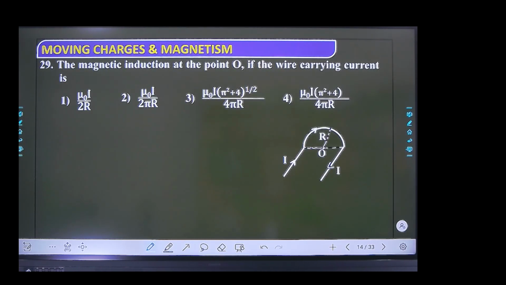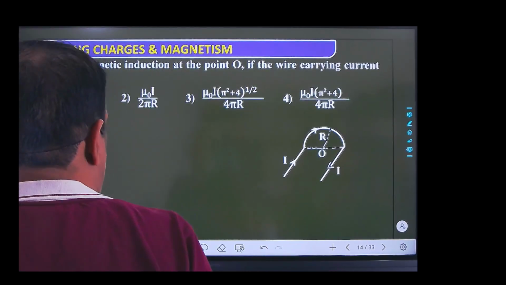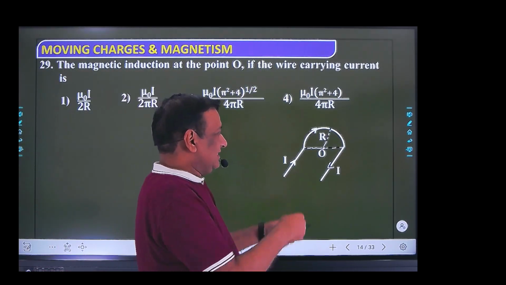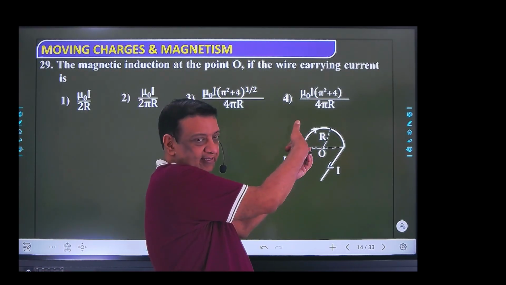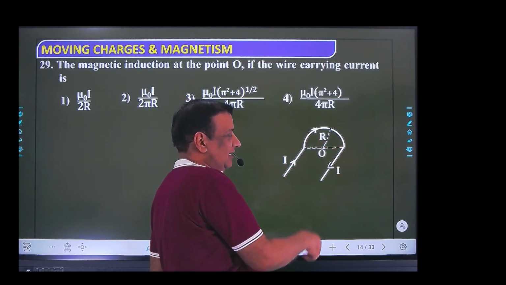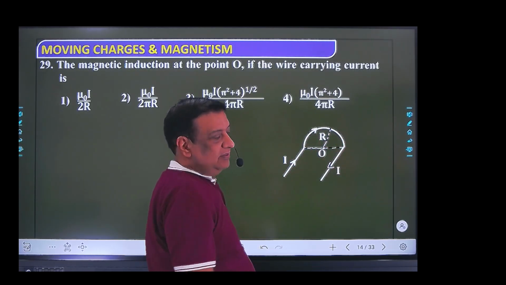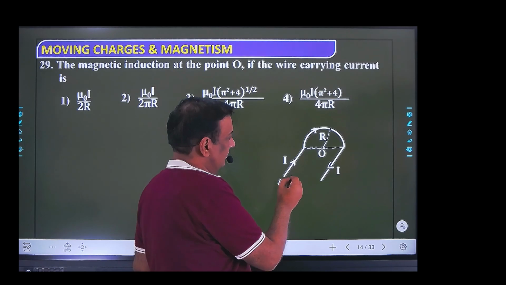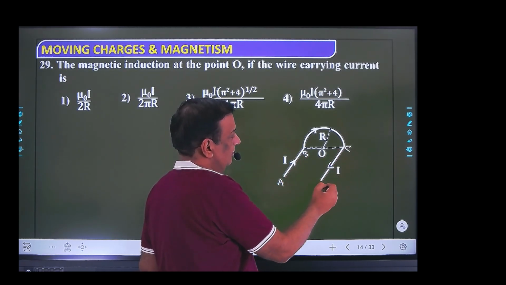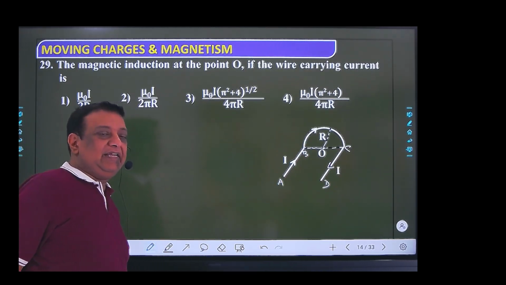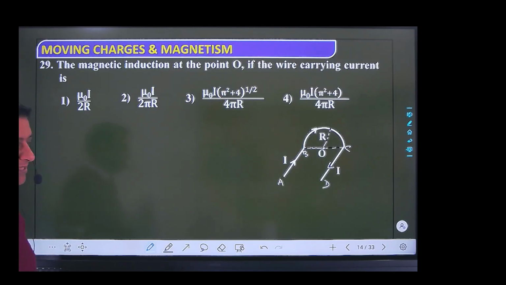तीन वायर्स है, तीनों का मैग्नेटिक फील्ड निकालना है। नेट मैग्नेटिक फील्ड एट पॉइंट O into 3 wires. पहले तो तीनों वायर्स का देखो, डायग्राम में आ रहे हैं, गिवन दैट यहाँ ऐसे जो 3D फिगर है, यहाँ से करंट आ रही है, then it flows in semicircle and then it goes out from this side. तो अगर मैं AB और CD का मैग्नेटिक फील्ड सेम डायरेक्शन में होगा या ऑपोजिट?